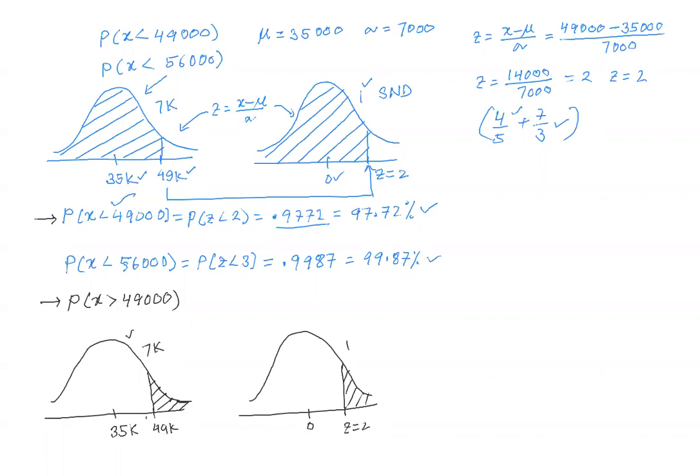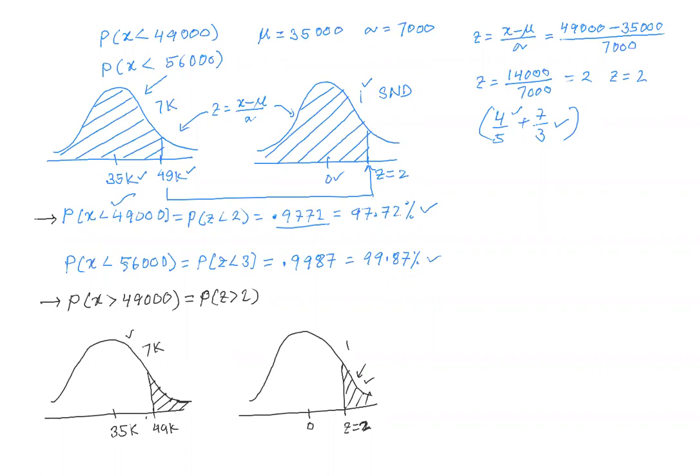So probability of X greater than 49,000 is the same as the probability of Z greater than 2, because Z is equal to 2. Now, this is the area I'm looking for as well, okay?